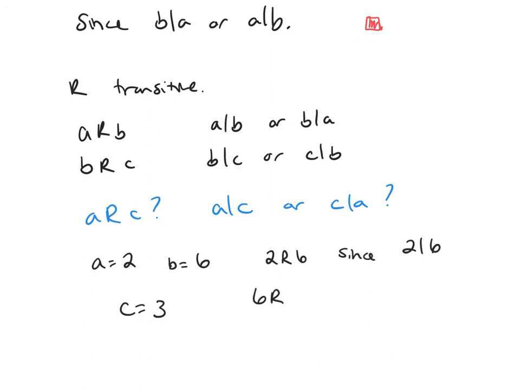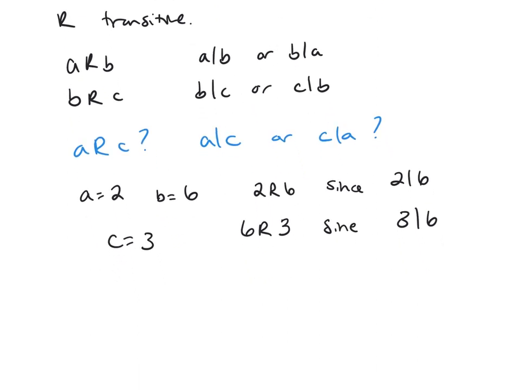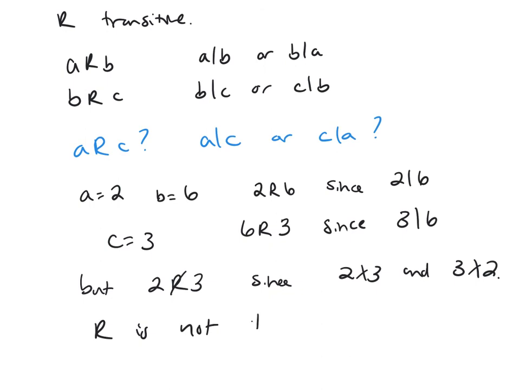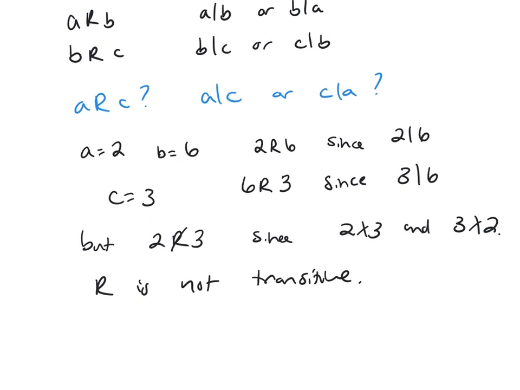So 6 relates to 3 since 3 divides 6. But 2 is not related to 3 since 2 does not divide 3 and 3 does not divide 2. So R is not transitive. And there's my counterexample.